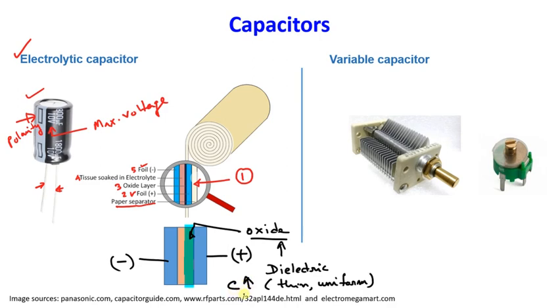And when the dielectric becomes thin, what will happen to its capacitance? Capacitance will increase, isn't it? And you can see that we have also rolled this total portion in a paper, with a separating paper. So the area is also quite high. As the area is high, that will further increase the capacitance.